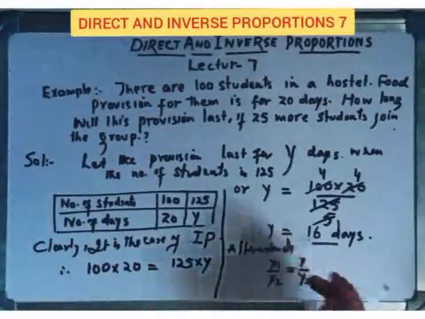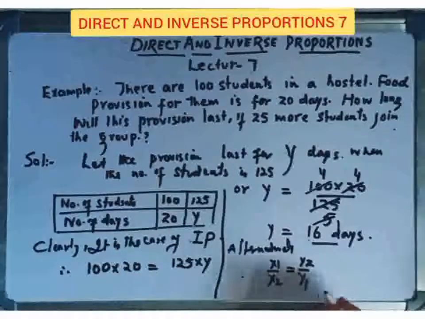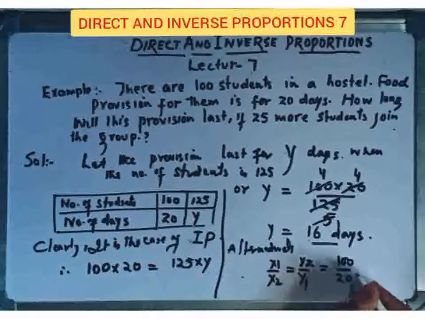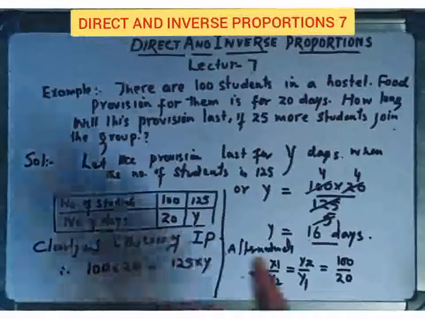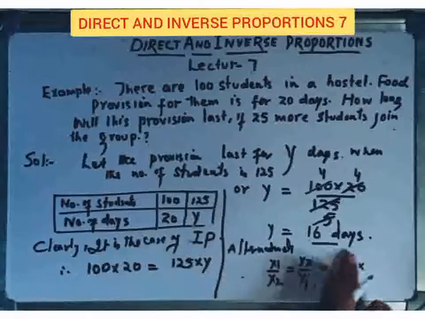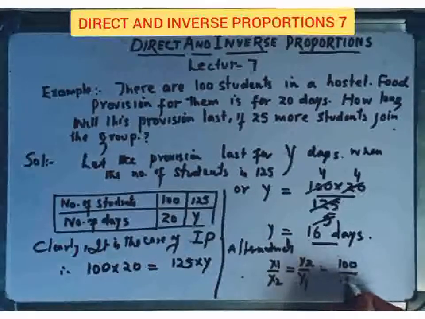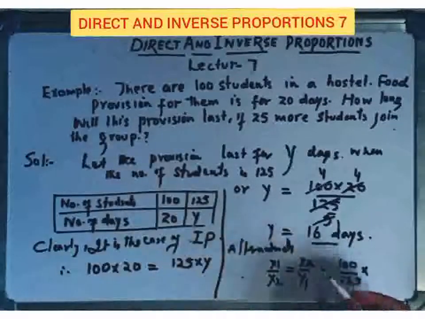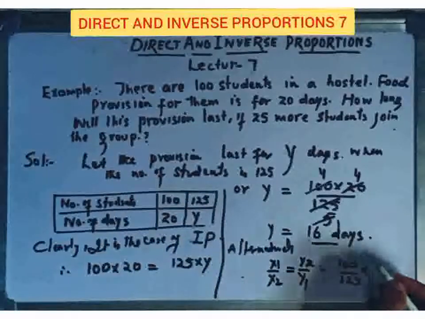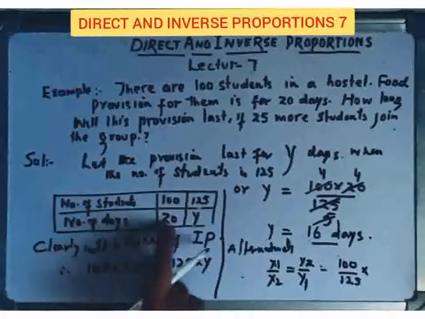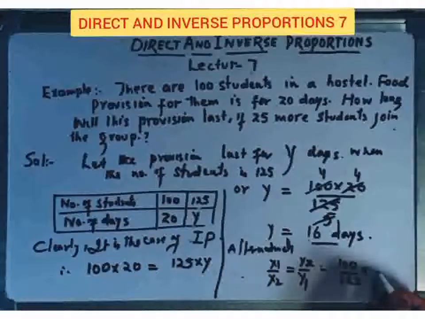But since this is inverse proportion, it becomes x1 divided by x2 is equal to y2 divided by y1. Here x1 and x2 are the numbers of students, and y1 and y2 are the numbers of days.